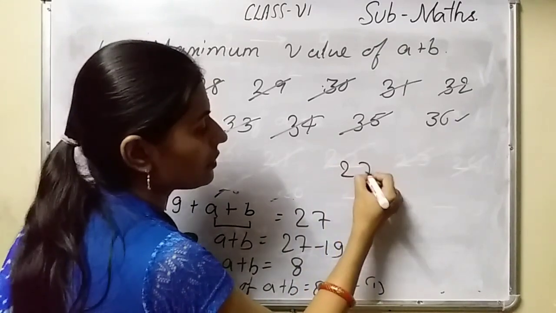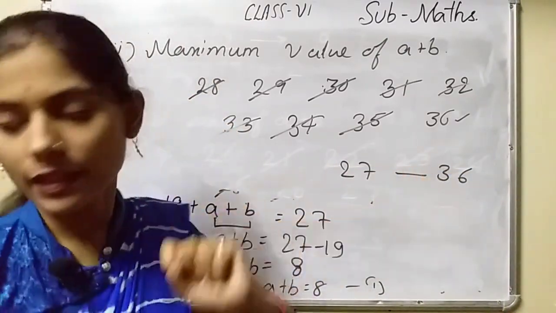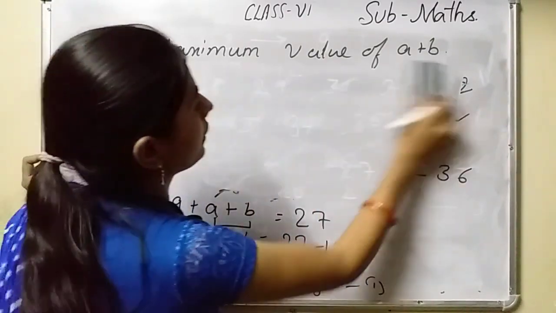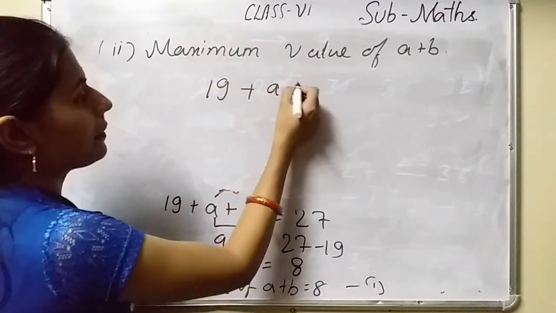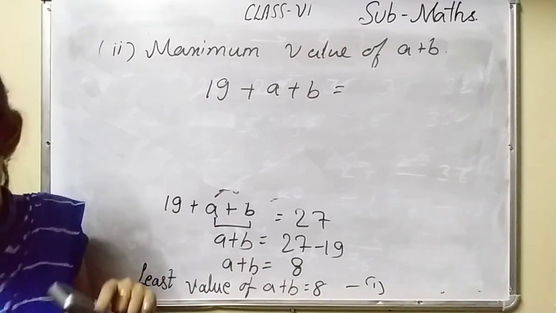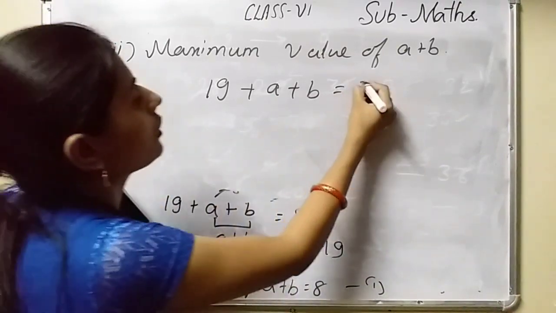After 27, what is the number you got here? 36. 9 fours are 36. Now see, 19 plus A plus B is equal to 36.